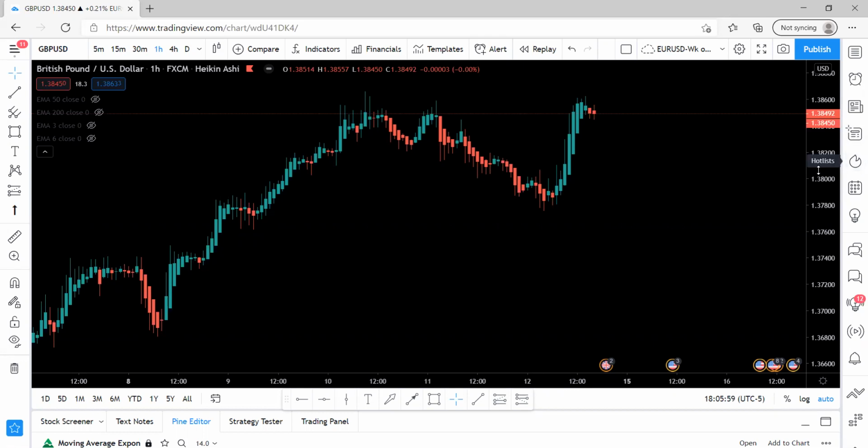So here we have a basic chart. This is GU. Now, typically GU moves during certain time frames, because it's the British pound against the US dollar. So typically it's going to really move during your London session and your New York session.